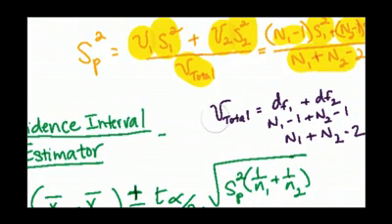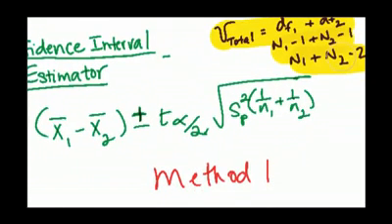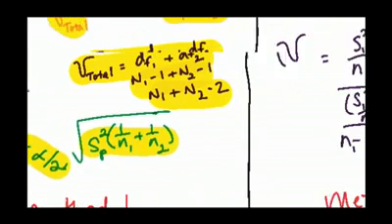And that's how you came up with that formula. The confidence interval estimator would change a little bit in this scenario. It's still based off the sample means, but it's the difference of their means in this case. Since the population variance is unknown, you have to use a t-score there, and a pooled variance here. And this is going to be method 1 if the variances are equal.